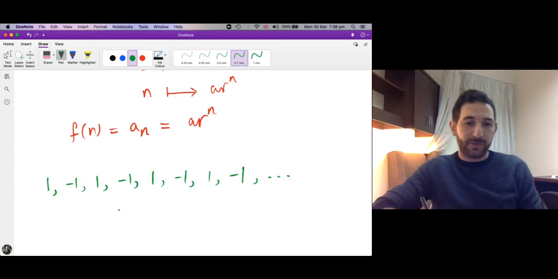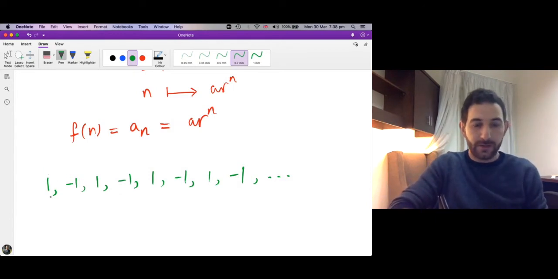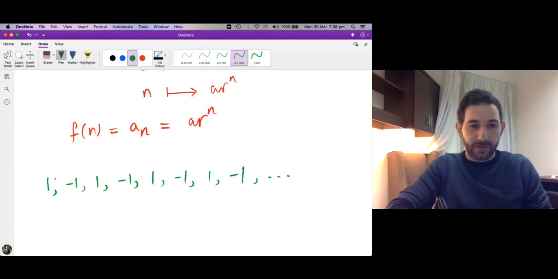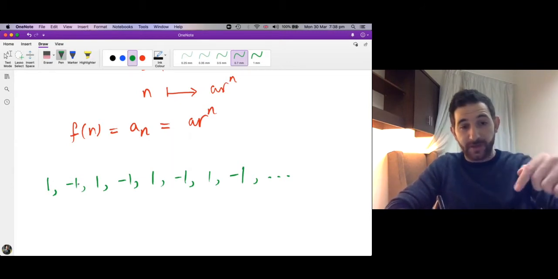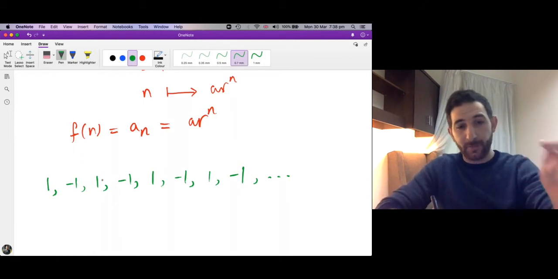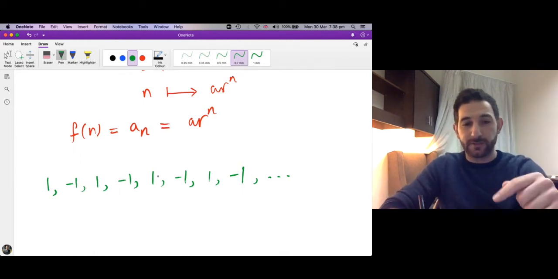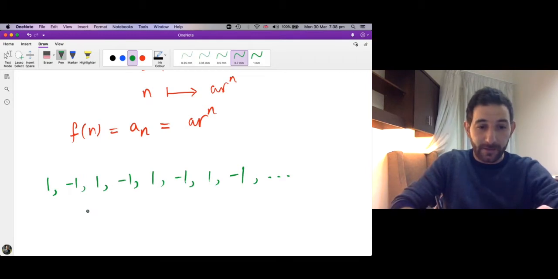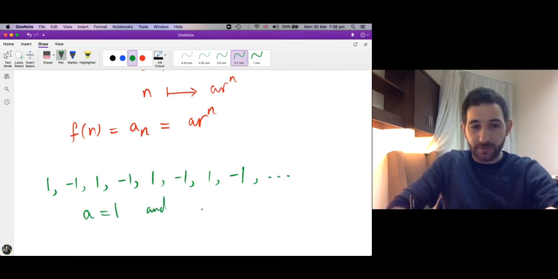Let's see. What is a geometric progression? You start with 1, and then you obtain the next one by multiplying by -1. And if you multiply this also by -1, you get 1. And then multiply by -1, you get -1, and so on. So it's clear that the first term is 1, and the common ratio, R, is -1.